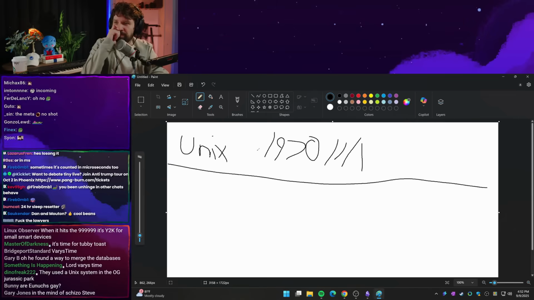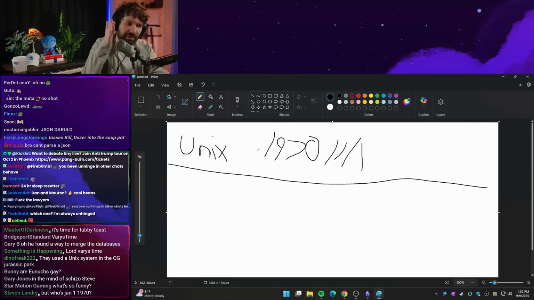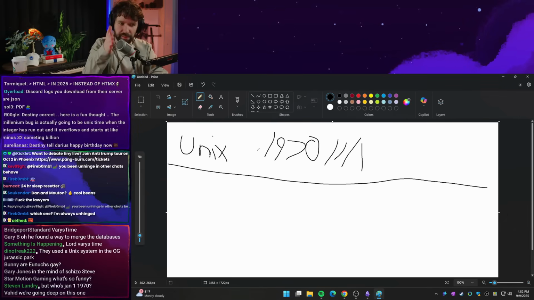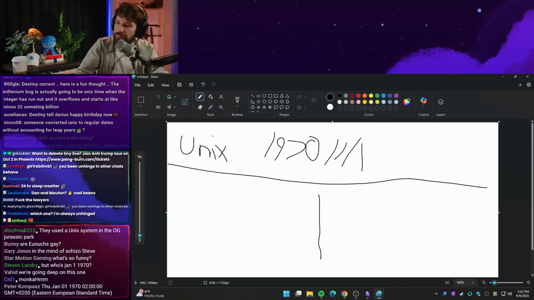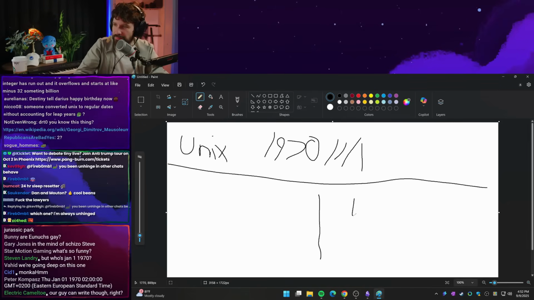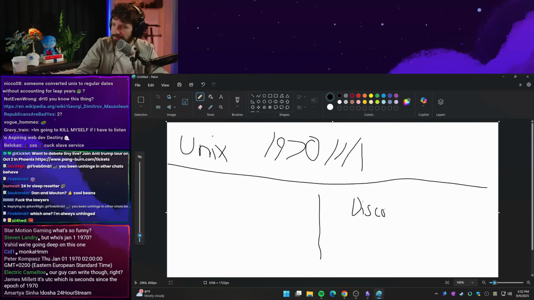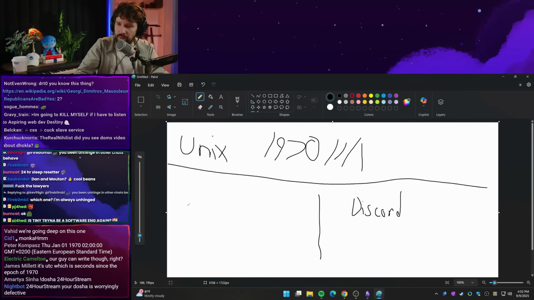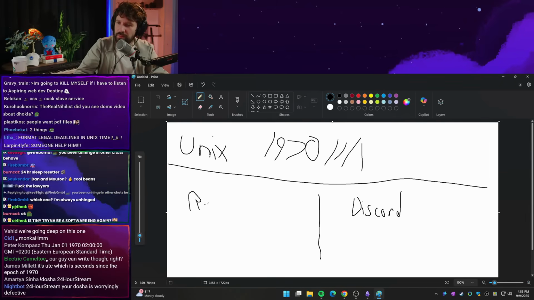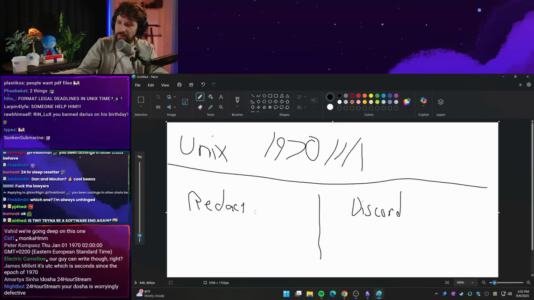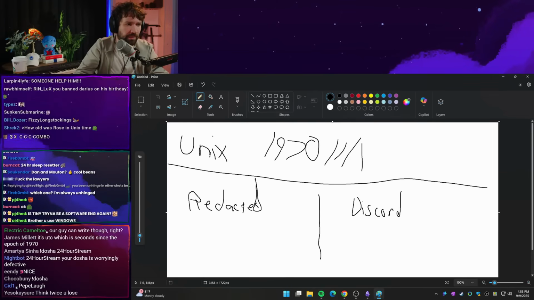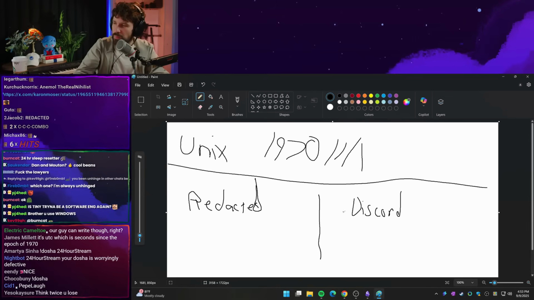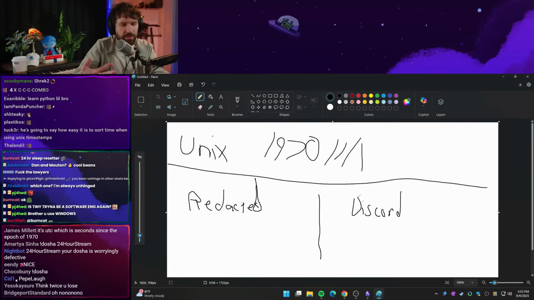So the issue is that I have two different things. I have a Discord chat that I can export logs from, and then I have archives from a program called Redacted. Both of these output time in different ways, but that's okay because I should be able to make them commensurate.